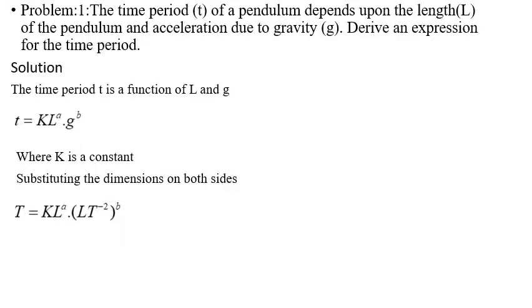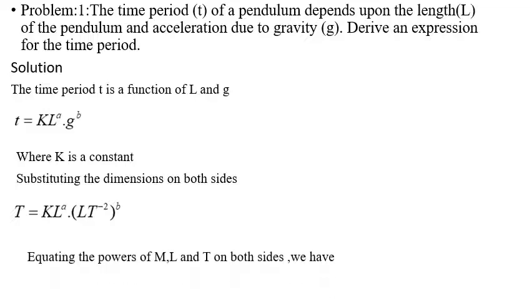The dimension for the time period is given by T. So that is equal to k, and the length of the pendulum is given by L, and the acceleration due to gravity, whose unit is meter per second square, has dimensions L into T power minus 2, and then we raise the arbitrary powers a as well as b for these two independent variables.